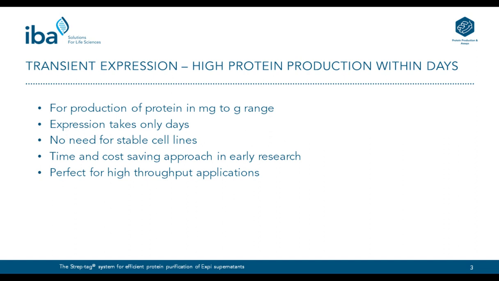So in transient expression, you benefit from a very high initial expression during the first days after transfection before the expression drops. And that makes transient expression a perfect choice for high throughput applications like drug screening. And we already heard some nice presentations today where such applications were outlined.